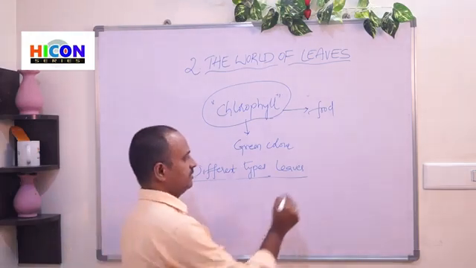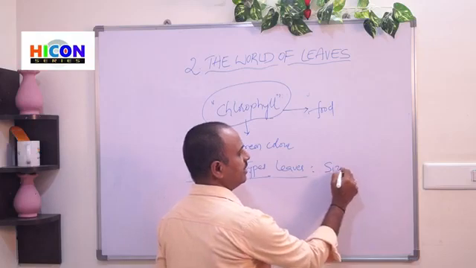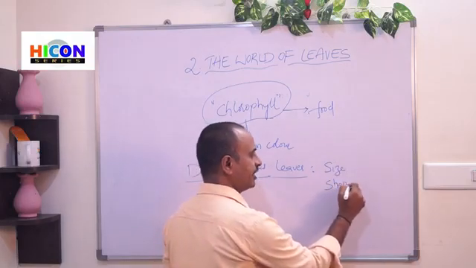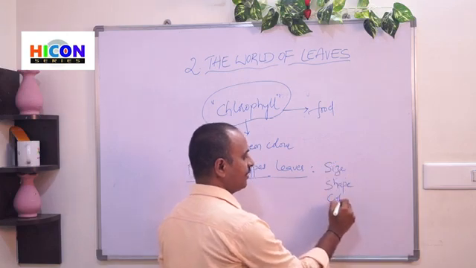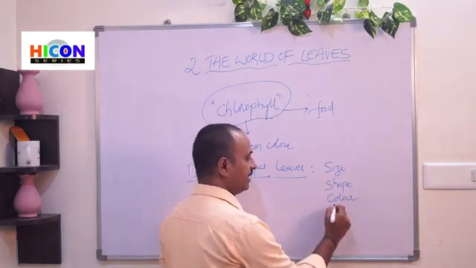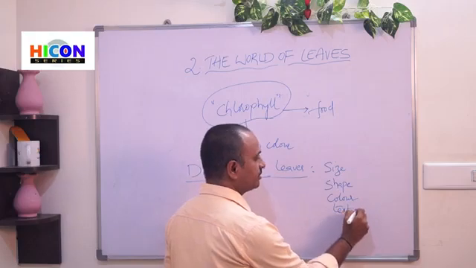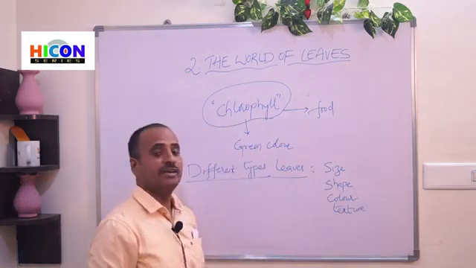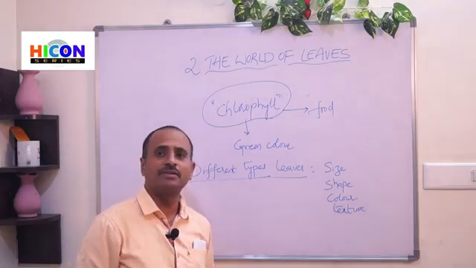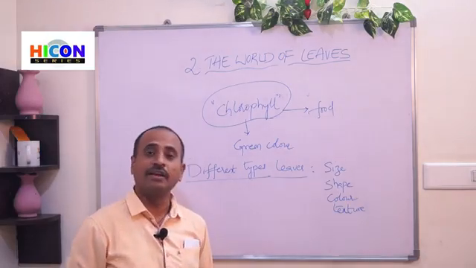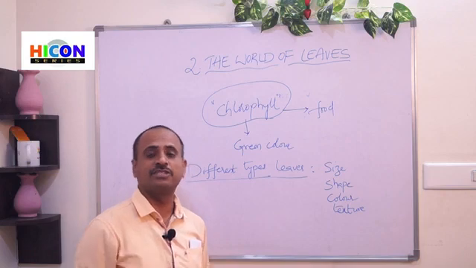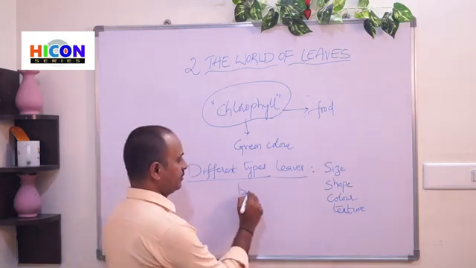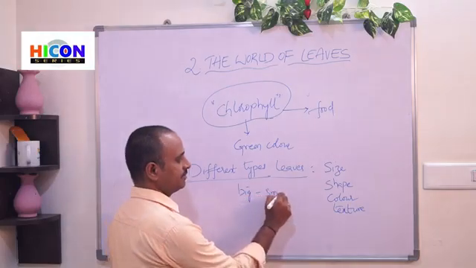Different types of plants have different types of leaves. They are different in their sizes, different in their shape, and they have different colors, and they have different texture also. Some leaves are big and some leaves are small.